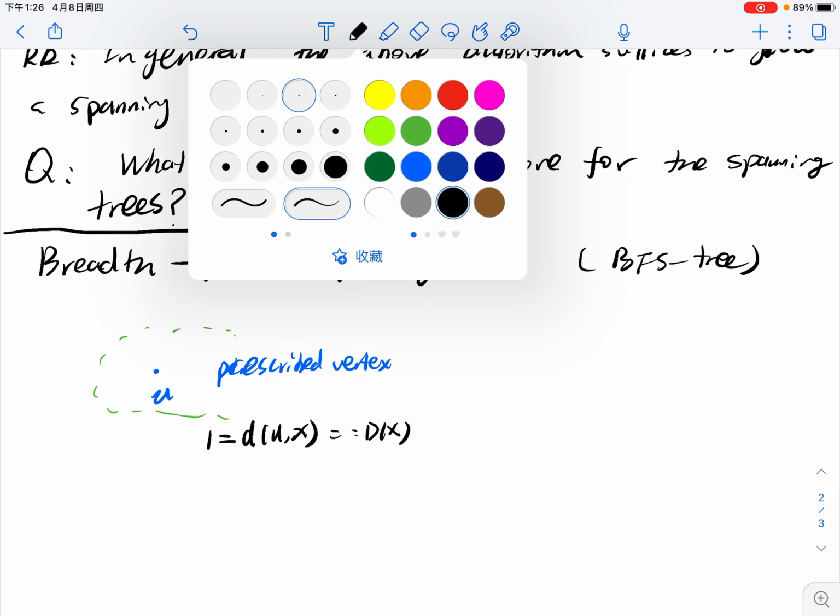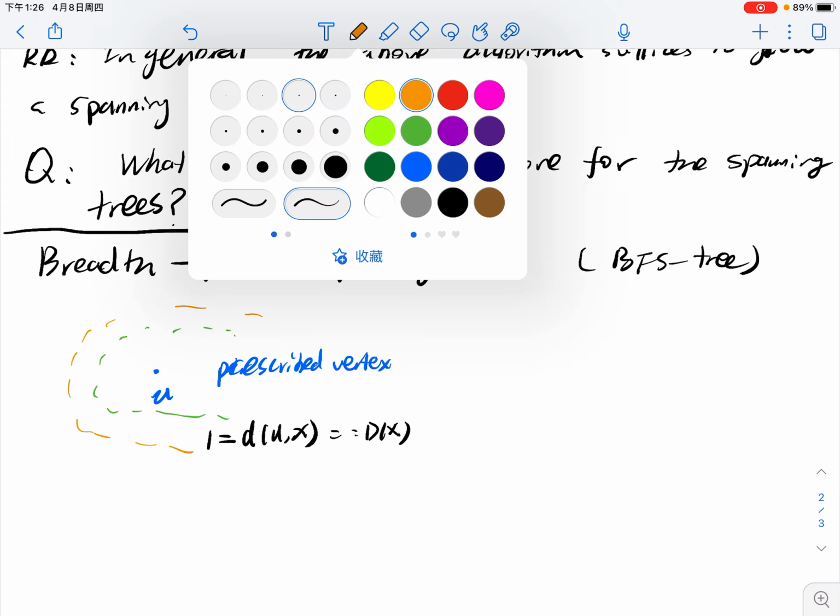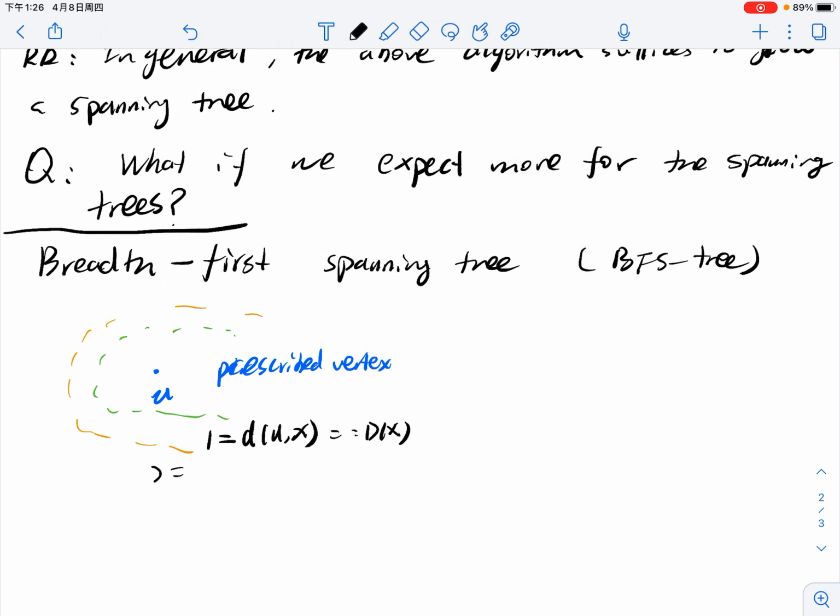You include all the nearest vertices, and then you include those vertices with distance 2 from u. And then distance 3.